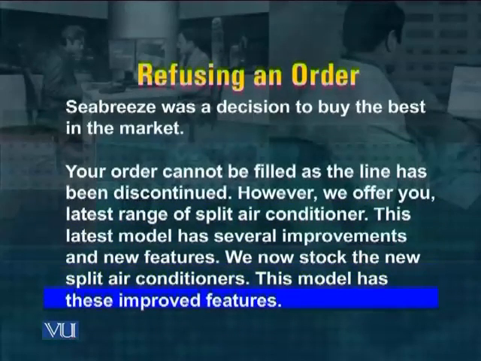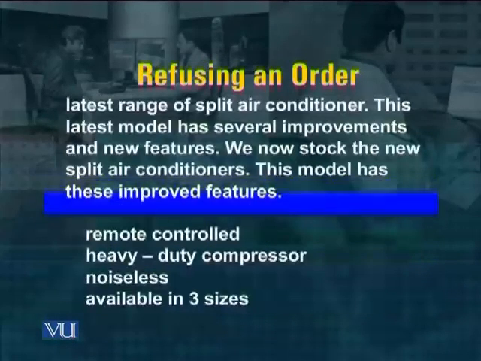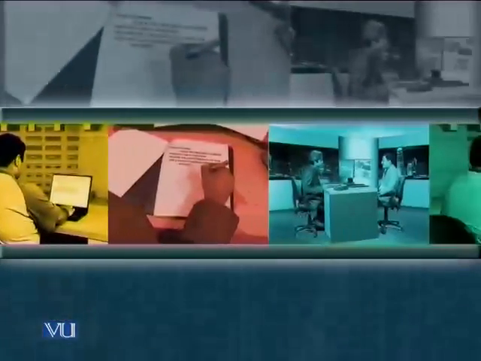This model has these improved features: remote controlled, heavy duty compressor, noiseless, available in 3 sizes. So you look at this, that the middle part of this letter gives all the description. It has the resale in it. You are refusing one thing, that you have discontinued the line, and you are inviting to your other product.